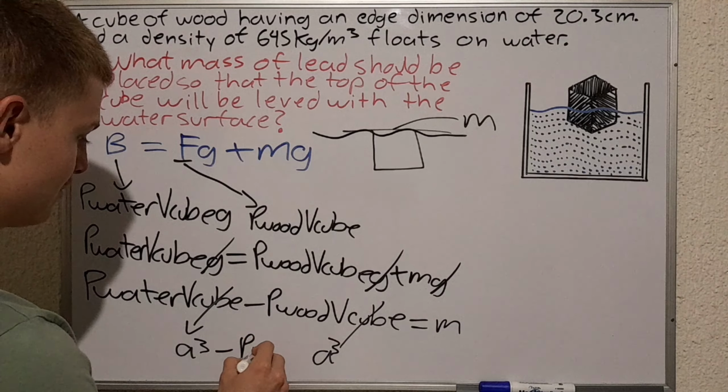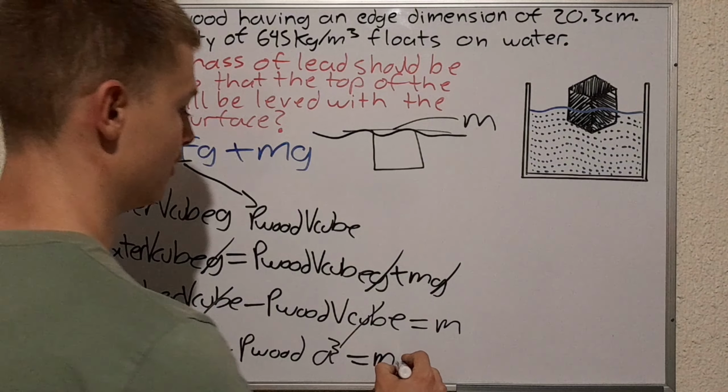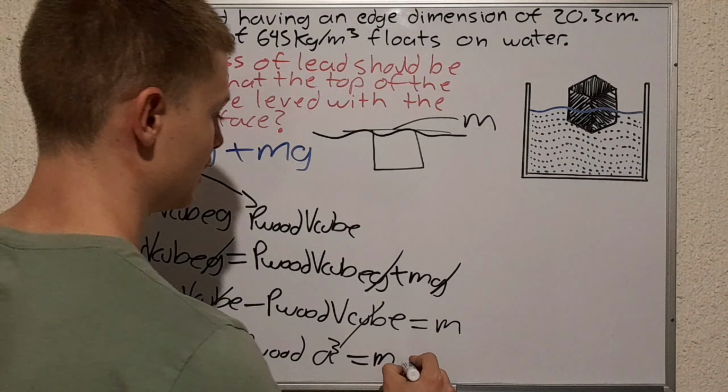We can factorize both of these, a cube being the common term. We're going to factorize that, and m would be equal to the density of the water minus the density of the wood, times a cube.